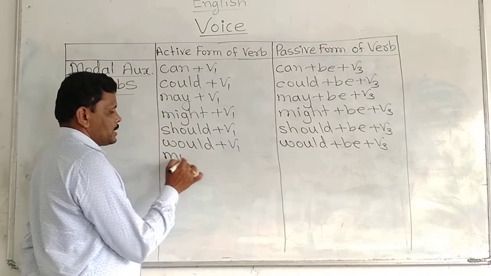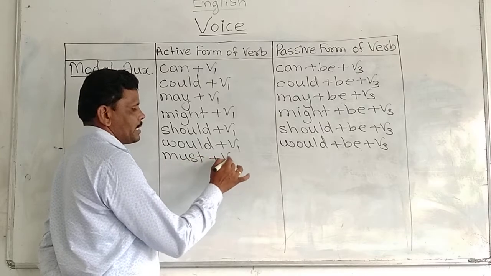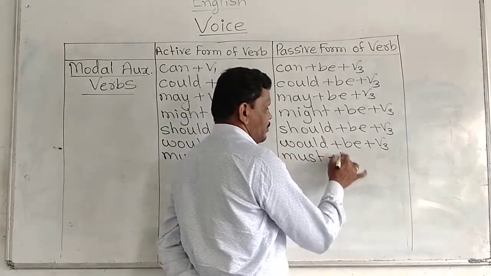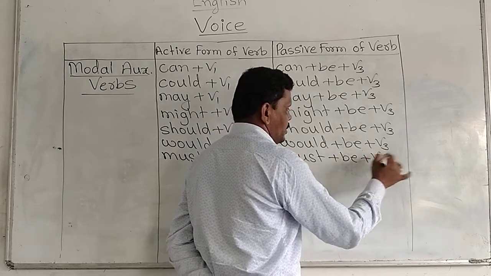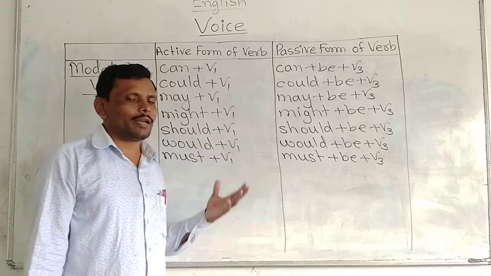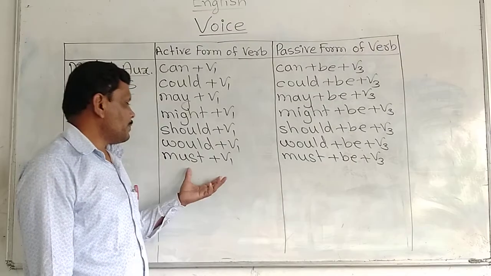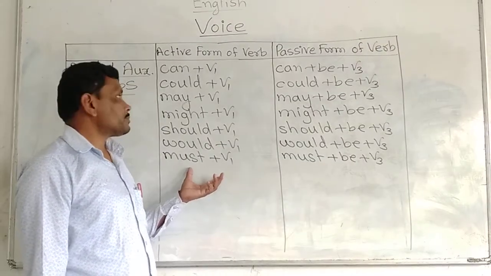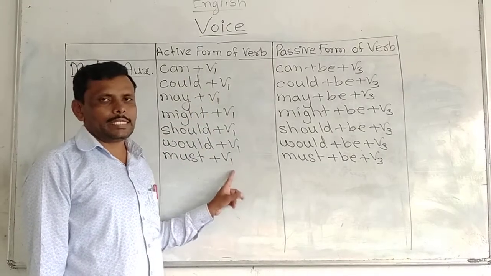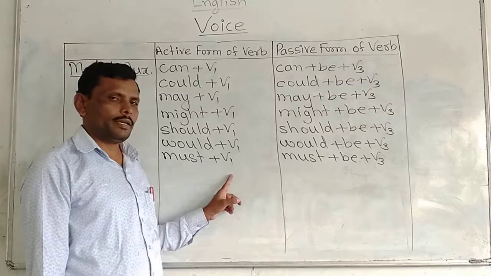Must plus V1 is an active form, must plus be plus V3 is the passive form. Some modal auxiliaries are written here. You will notice that after each and every modal auxiliary there is V1, correct?